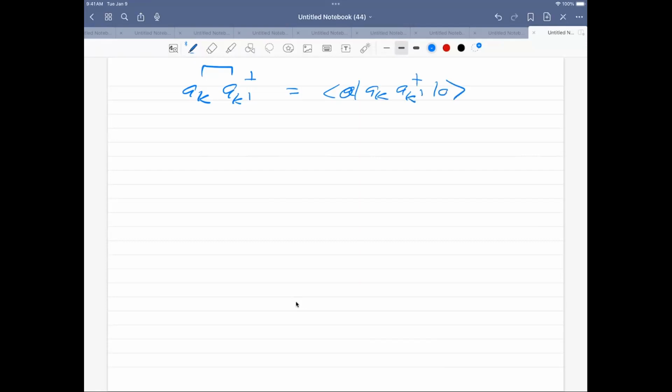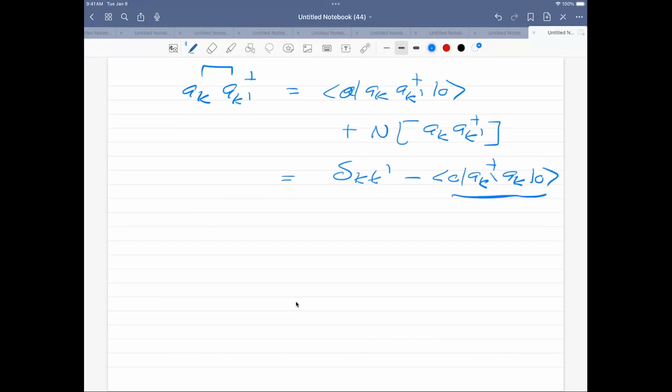And then plus the normal order product of the two operators, AK of AK dagger. This is what we had before we plugged in time dependence. And this ended up giving us delta K prime minus the expectation value of AK prime of AK of 0, and that last quantity was equal to 0. Okay, so this is what we did before.